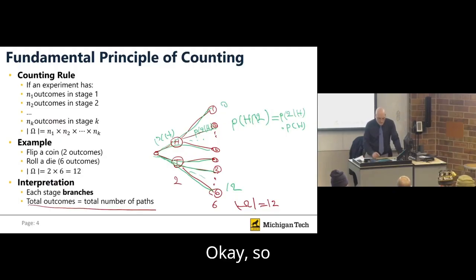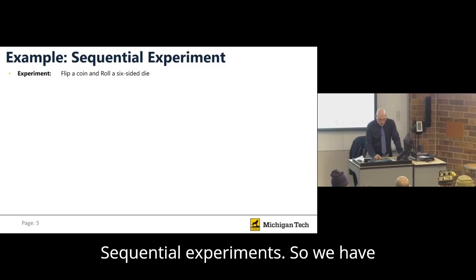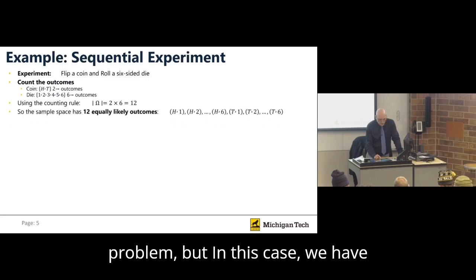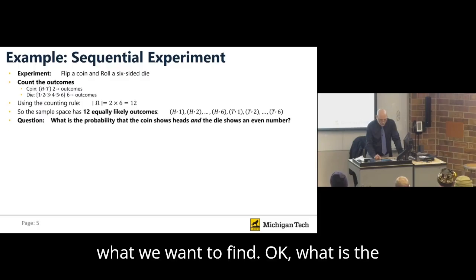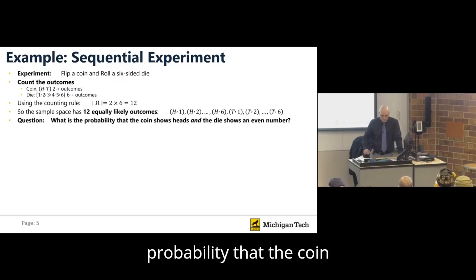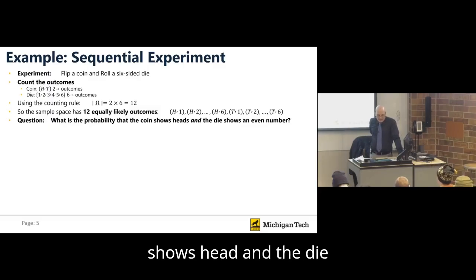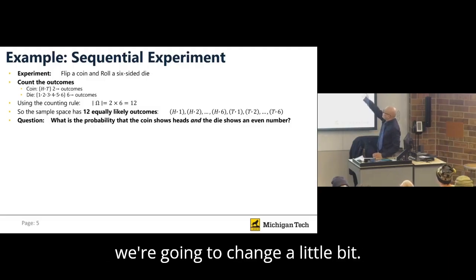Okay, so let's go to another example. Sequential experiments. So we have flip a coin. Okay, the same problem, but in this case we have what we want to find. Okay, what is the probability that the coin shows head and the die shows even number? So in this case, we're going to change a little bit.